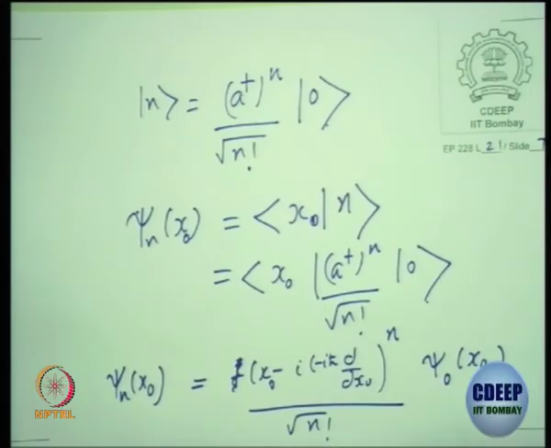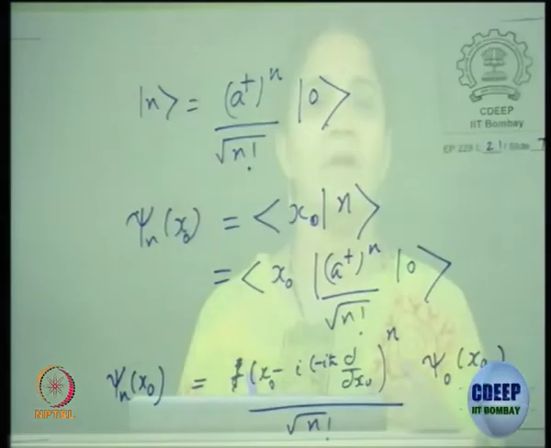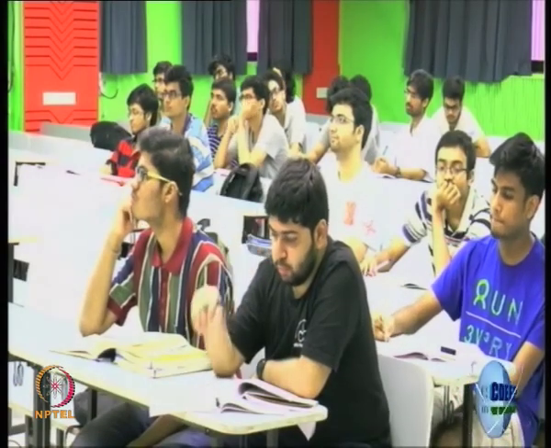I am just trying to show that the ladder operators, when I started introducing them, might have looked abstract, but without going into the details or looking at second order differential equations, using the power of operator algebra, I have managed to get the energy eigenfunctions and also the corresponding energy eigenvalues as n plus half h cross omega. So this is a really powerful tool, and it's applicable to many complex systems.